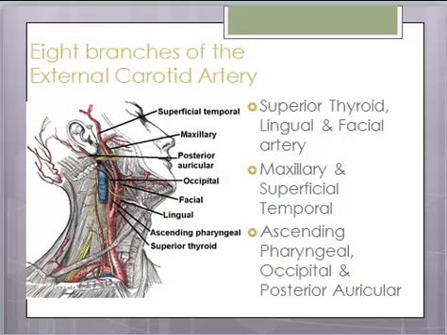And when you think about the names, it does kind of make sense. Towards the pharynx, towards the occipital, behind the ear, those branches will be going back or posterior. Superior thyroid, lingual, which is tongue, and facial, towards the face, those will be coming forward or anteriorly. And then the maxillary and the superficial temporal will be going right into the head.